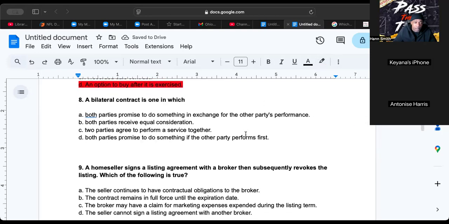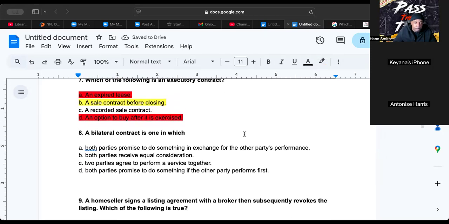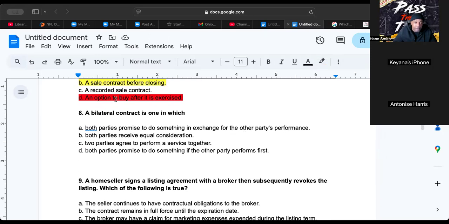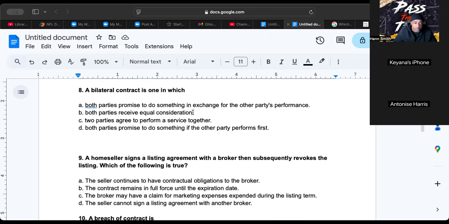All right. Now, an option to buy after it's exercised, we know an option is a unilateral contract at first that turns into a bilateral contract once the buyer exercises their option to buy it. So they say, yeah, I want to buy it. Once they say that, it becomes a bilateral contract, which is the next question.